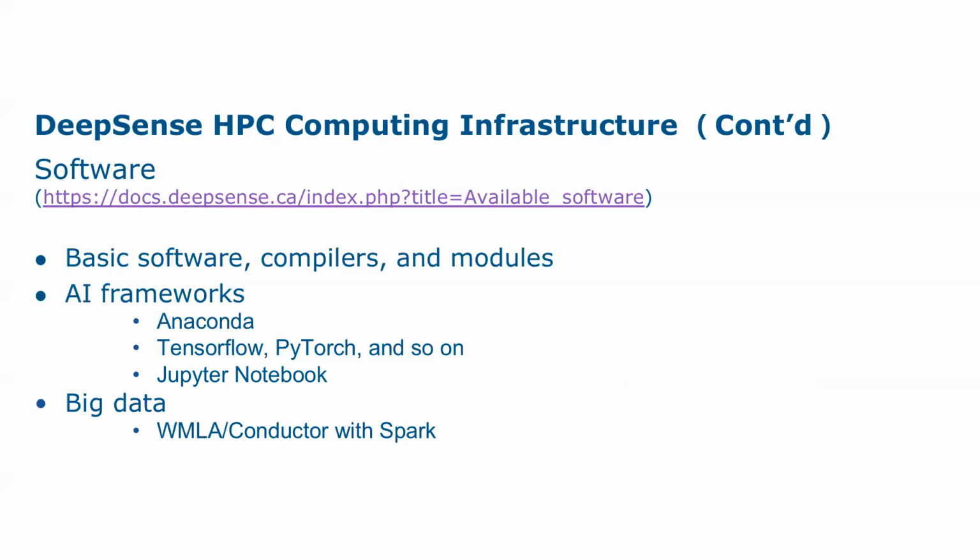Conductor with Spark is IBM's Spectrum Conductor. It's an enterprise-class multi-tenant platform for deploying and managing Apache Spark, Anaconda, Dask, and other application frameworks and services on a common shared cluster of resources.